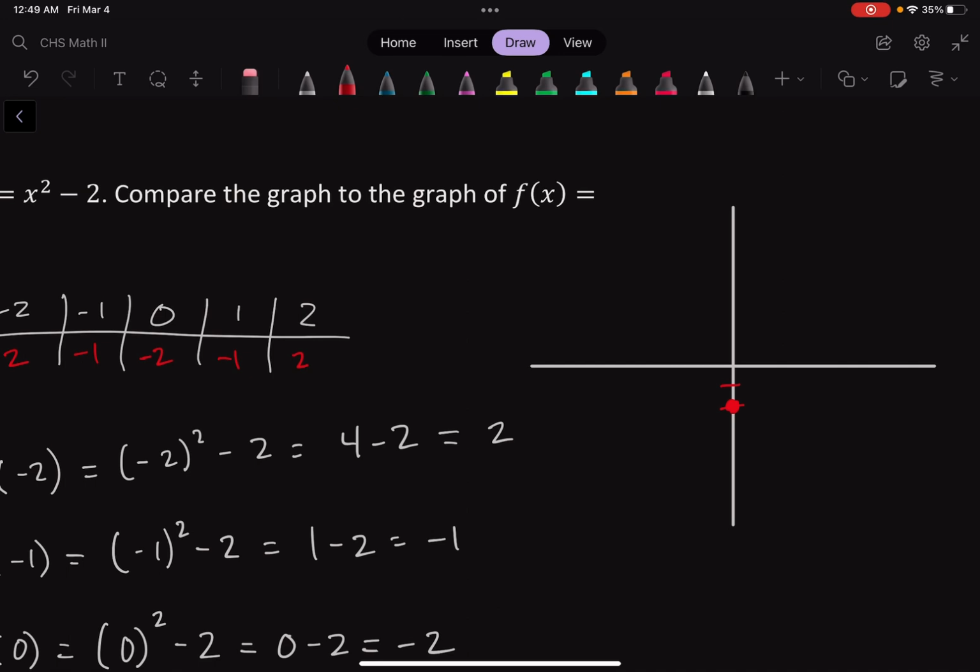Then we can go to the right 1 and to the left 1, and both of those points are going to be at -1. Then we can go out 2 more places. We're going to go up 1, 2, and up 1, 2. So my graph for g of x is going to look something like this.